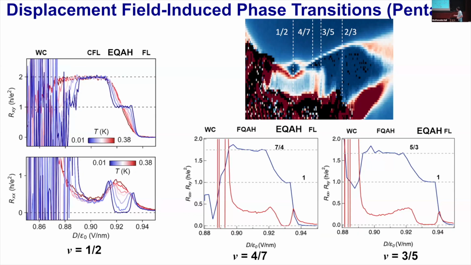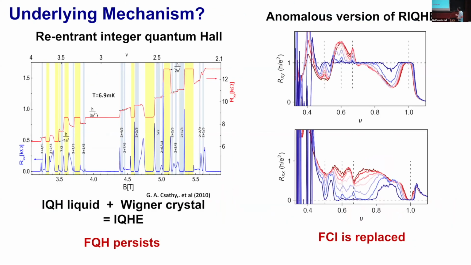Okay, and then the question is, what is this? What is this integer quantized state at the lowest temperature that even replaces some of the FCI states, right? And comparing to the literature of fractional quantum Hall, that's our source of wisdom, there is something that looks somewhat similar.